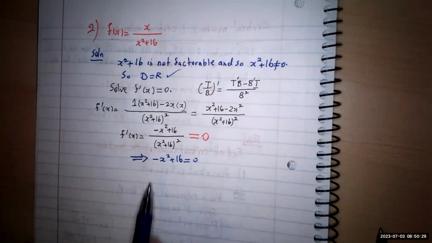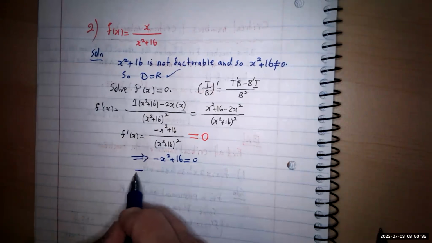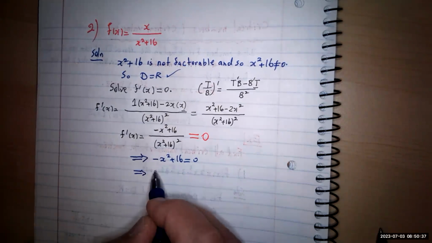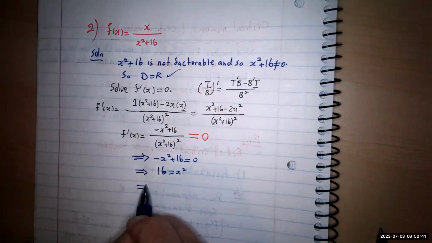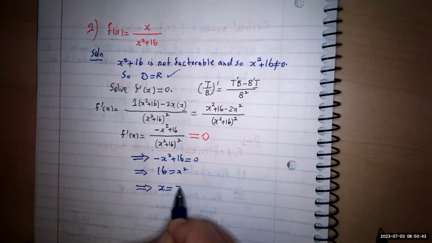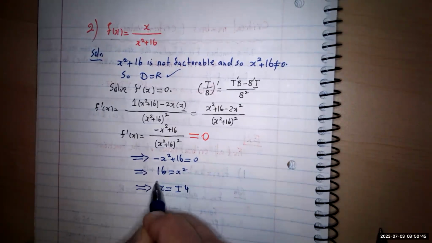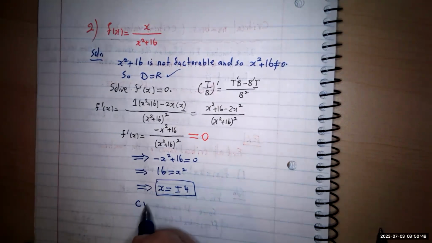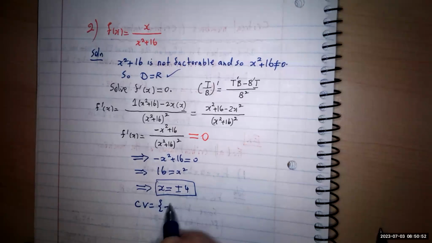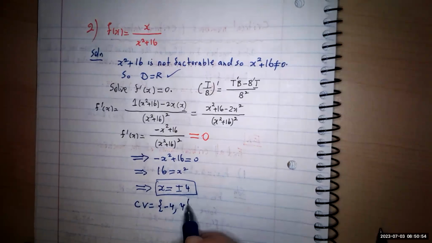Now you solve for x. You can factor it or you can move one of them to the other side. If you move the x squared to the other side, that gives you 16 equal to x squared. And you take the square root and that gives you x equal to positive negative 4. So you are going to have two critical values: negative 4 and positive 4.